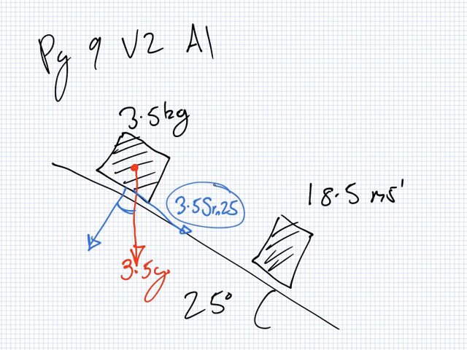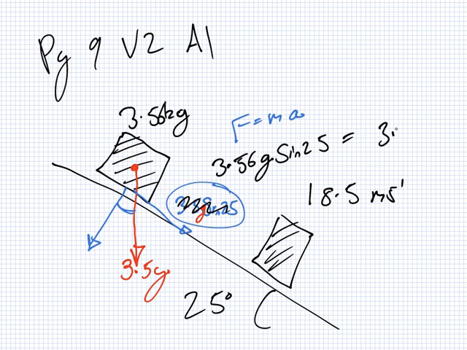That's the force. Okay? If F equals ma, where's my g gone? There's a g in here. If F equals ma, then how can I get the a? Sorry, the mass is actually 3.56. So 3.56 g sine 25 is F equals ma, and I want the a going this way.